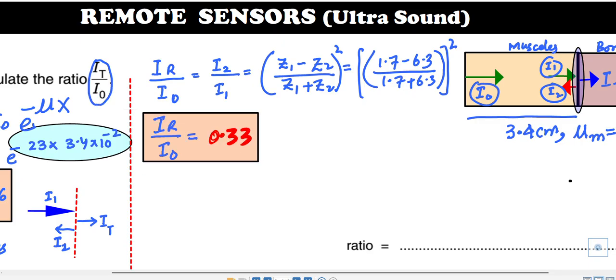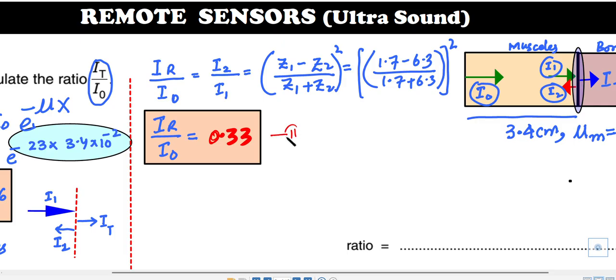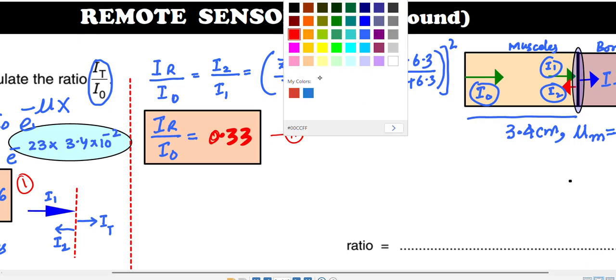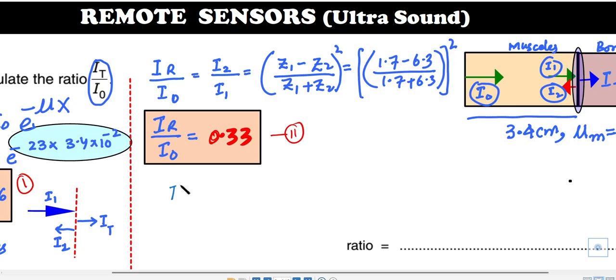But my task is not the reflected only. My task is the transmitted, because I want to reach the transmitted. So this is your equation number 2. This was equation number 1. Do you know what this is? The transmitted intensity plus the reflected intensity is equal to I naught.